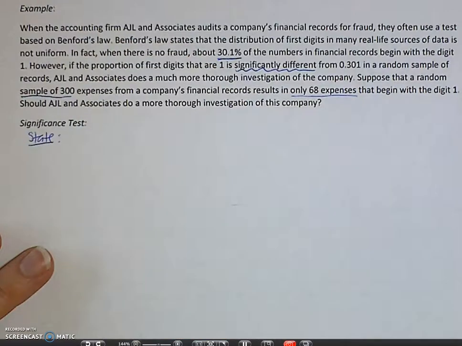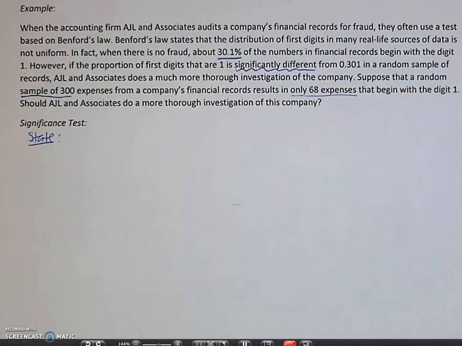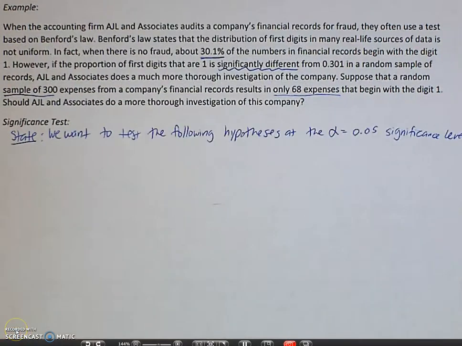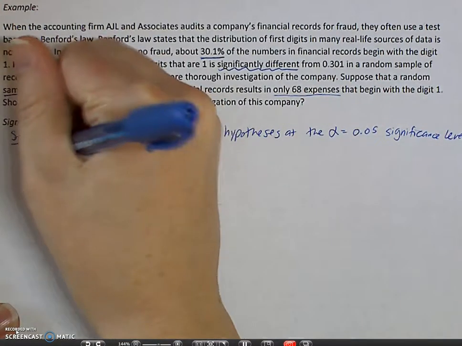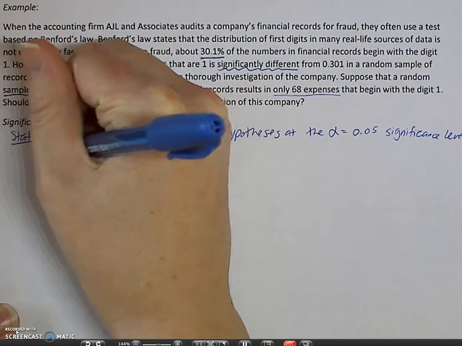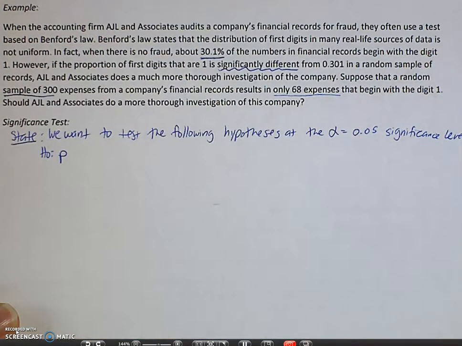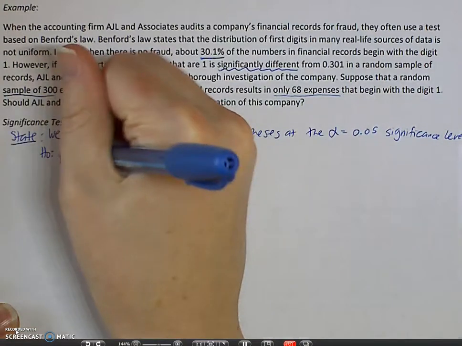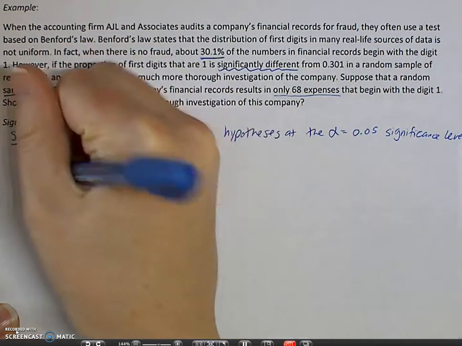First step is state. In PHANTOMS, we need to say what our parameter is, and then also what our hypotheses are. They didn't give us an alpha, a significance level, so we're going to assume to use 0.05. We want to test the following hypotheses at the alpha equals 0.05 significance level. Our null, this is a proportion problem, so we use p. They're claiming that the proportion is 0.301.